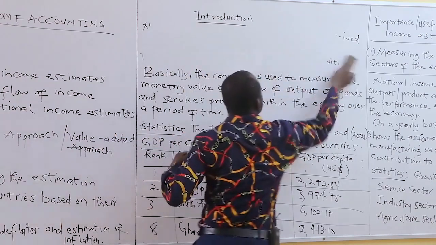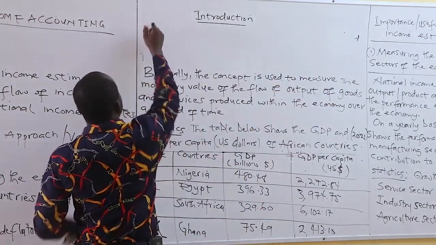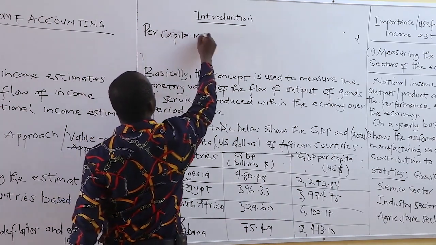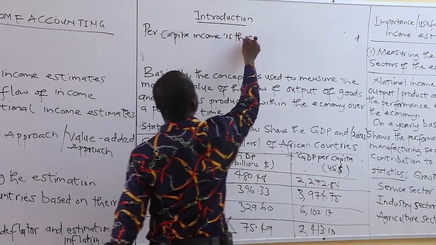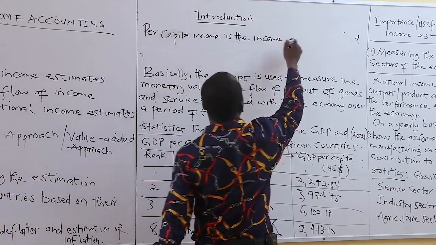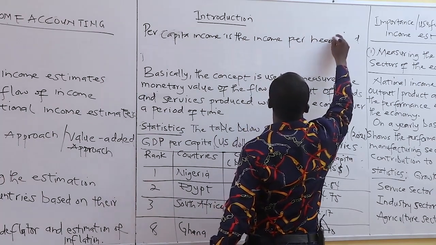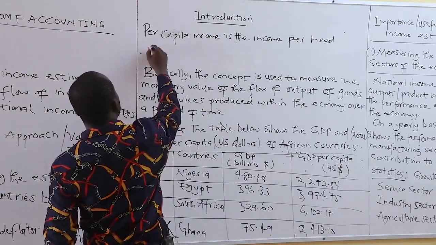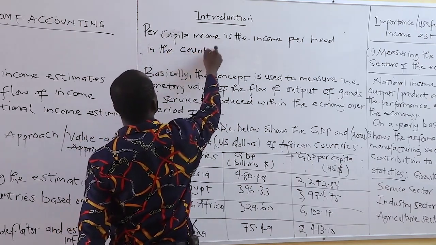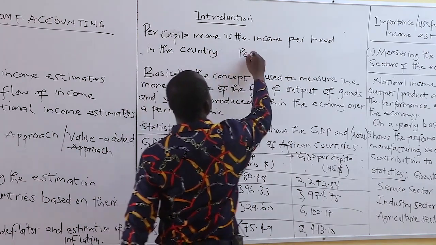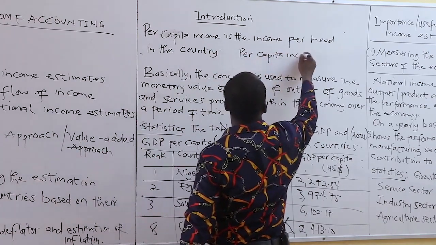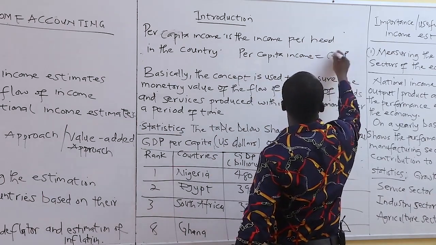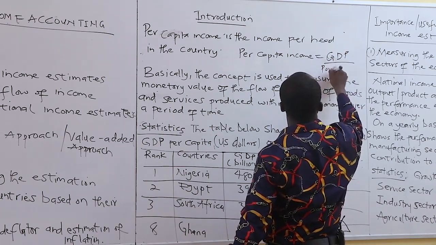Per capita income is the income per head in the country. So per capita income is the GDP divided by population.